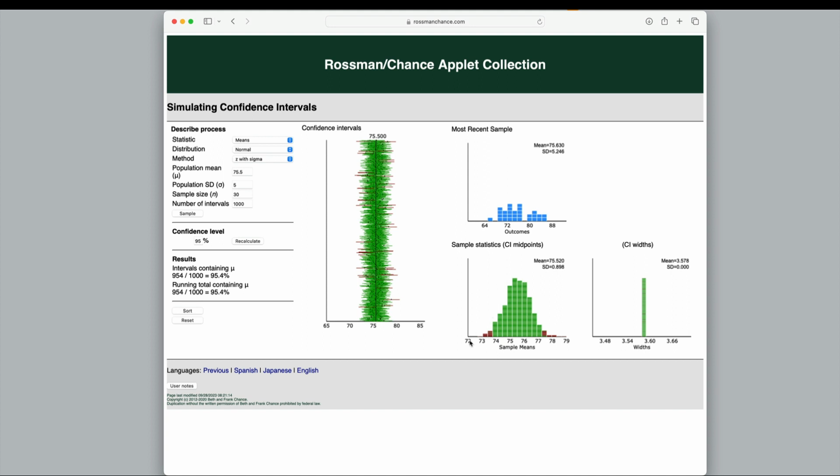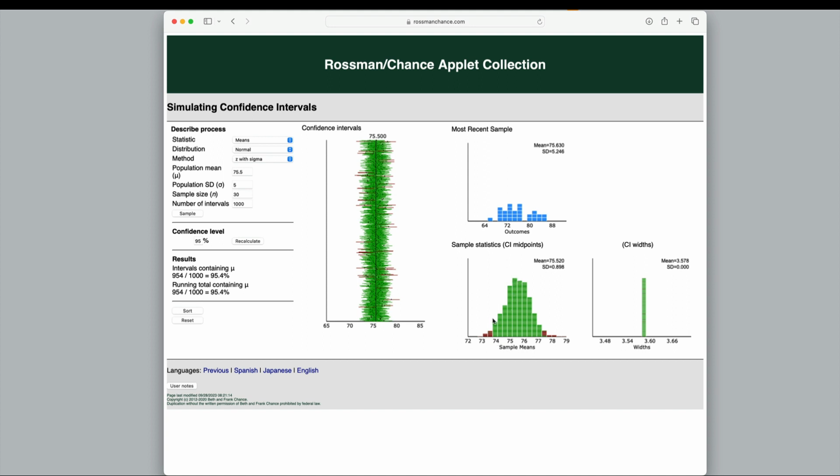So we know by the central limit theorem that the sampling distribution of means is going to be normal. Okay, and so that's why you see this mound shape here. And bad sample means occur in the tail. And green sample means converge more on where the mean of the sample means is, which currently is 75.5, right in the middle.